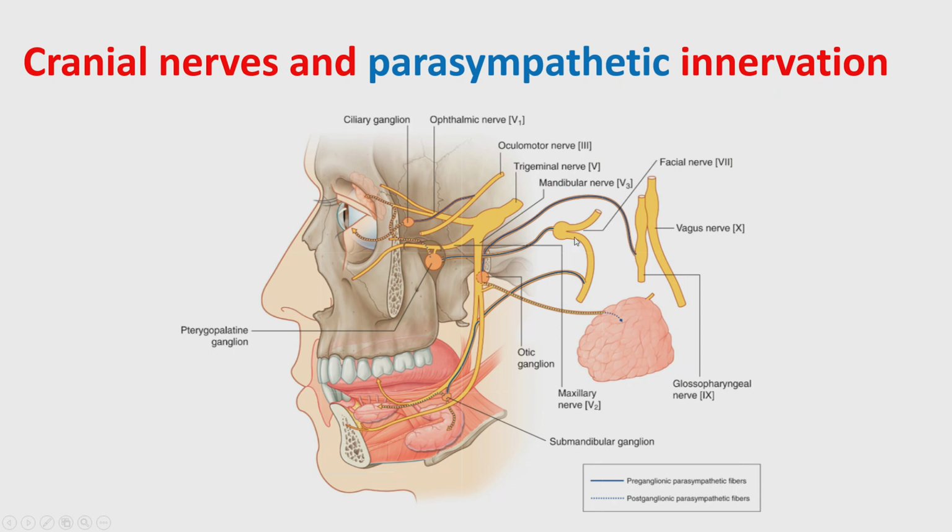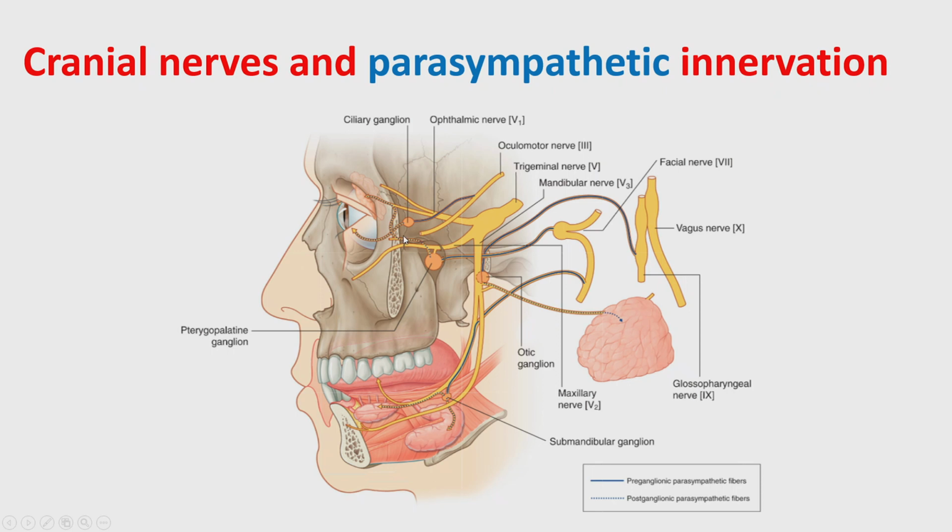The facial nerve, from the genu of the facial canal, gives the parasympathetic fiber to the pterygopalatine ganglion, which is one of the contents of the pterygopalatine fossa.